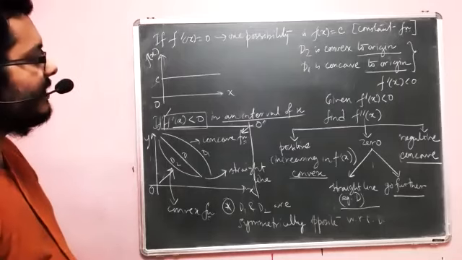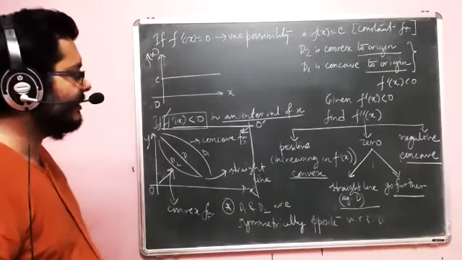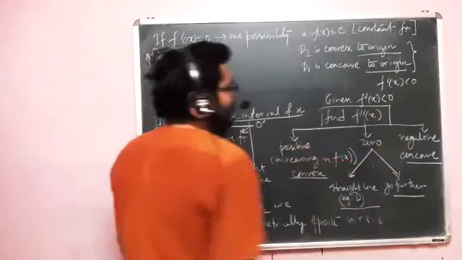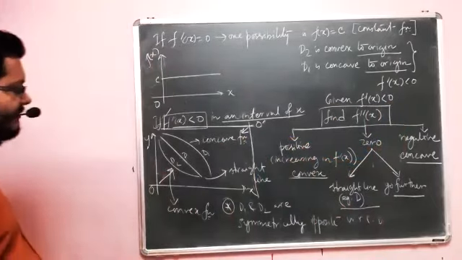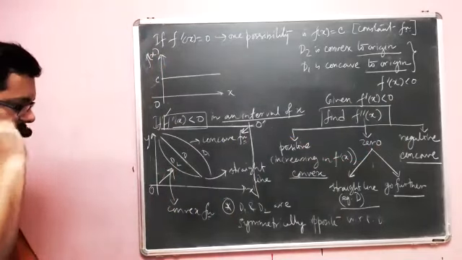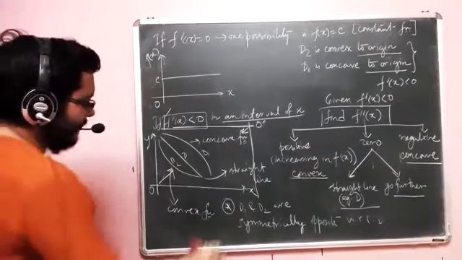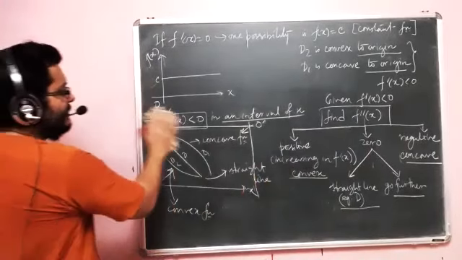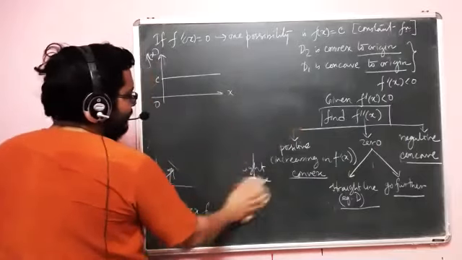Now just to say that when f dash x is positive, the result coming from f double dash x doesn't change. Okay, but obviously the shapes will be different. So let's look at them. So what happens if f dash x is positive?